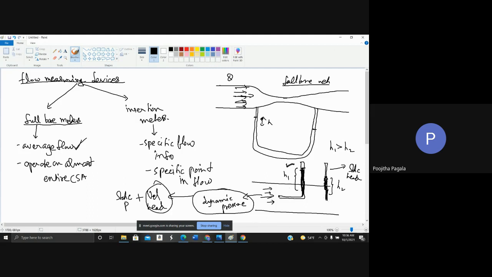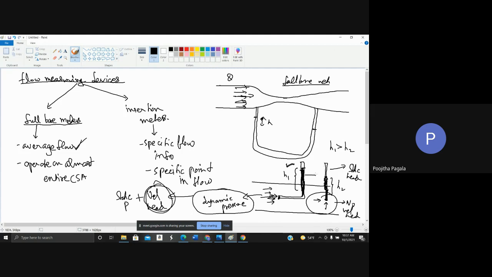So you can see that the orientation of the hole makes the difference. If the opening is oriented in a direction perpendicular to flow, you will be able to include the velocity head. Whereas if the opening is not in the direction of flow, as a result, in the second case, there will be no velocity head. Velocity head cannot be detected.